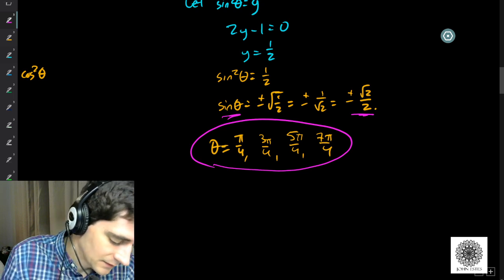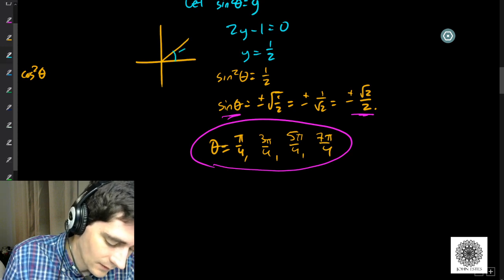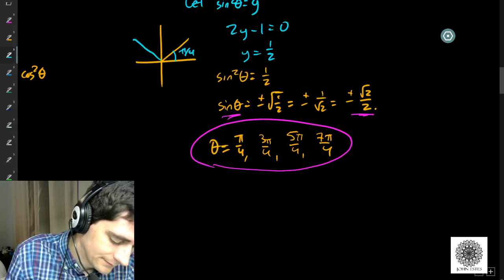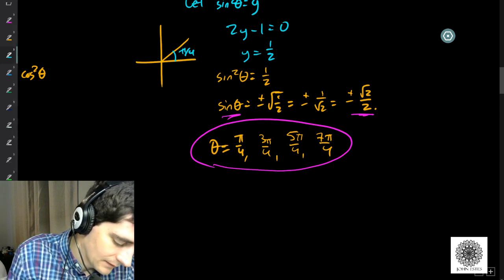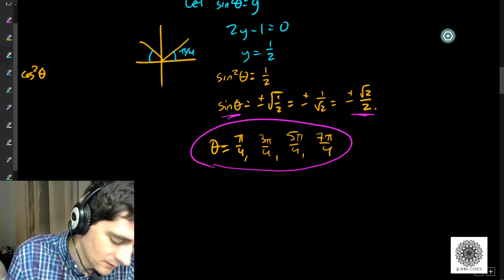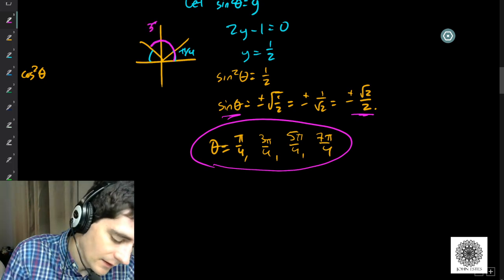If you want to visualize what I just said, think in quadrant 1, here I'm at pi over 4. In quadrant 2, if I have a pi over 4 reference angle, that means I have a pi minus pi over 4, or 3 pi over 4 angle.